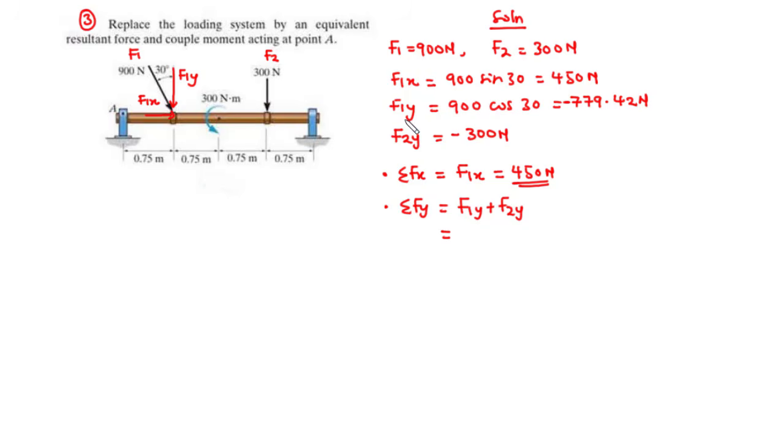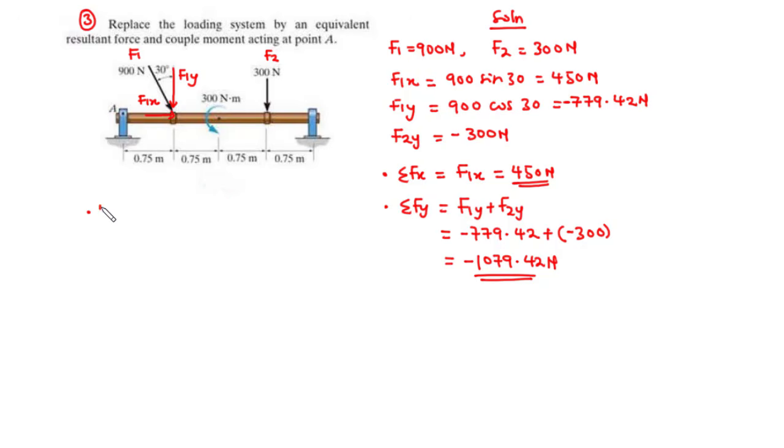So we have F1y to be negative 779.42 plus F2y negative 300, and then when we sum up these two values, we have negative 1079.42 newtons.